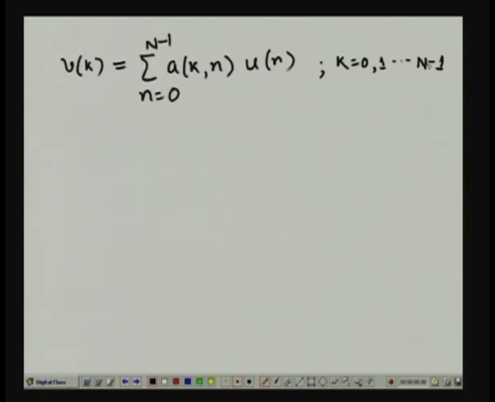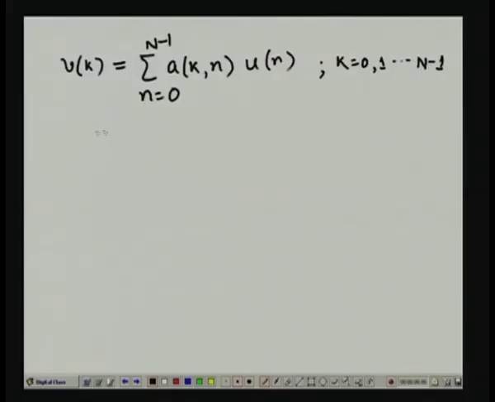Now, if A is a unitary matrix, then from vector V I can also get back our original vector u. For doing that, we will pre-multiply V by A inverse.